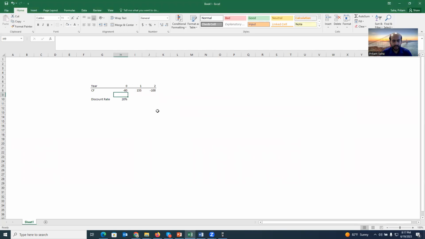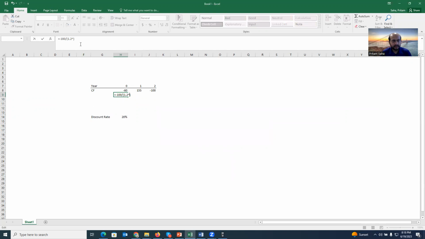From the discounting approach, you discount this cash flow by 1.2 to the power 2. Makes sense? We take it back to here. So what you're going to do is minus 100 divided by 1.2 to the power 2.